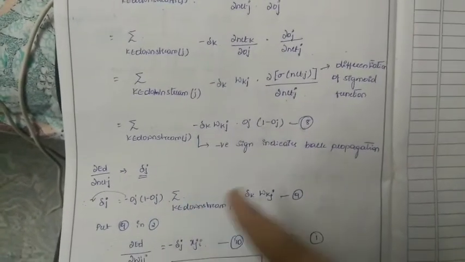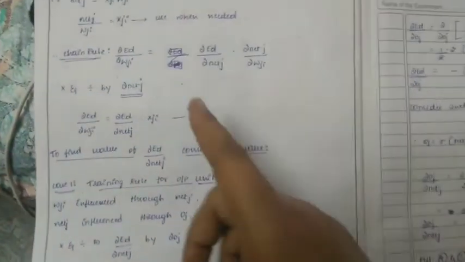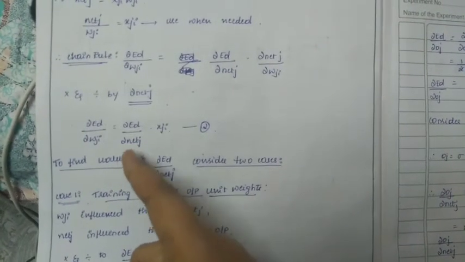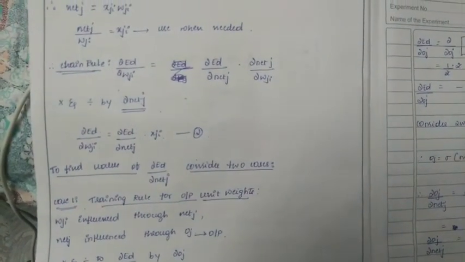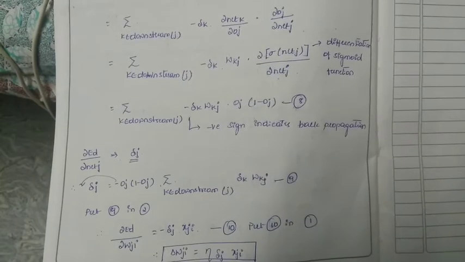Next, put this equation 9 into equation 2. What is our equation 2? This is our equation 2, where we got the value of del Ed divided by del net j. When I substitute it, I get this value.